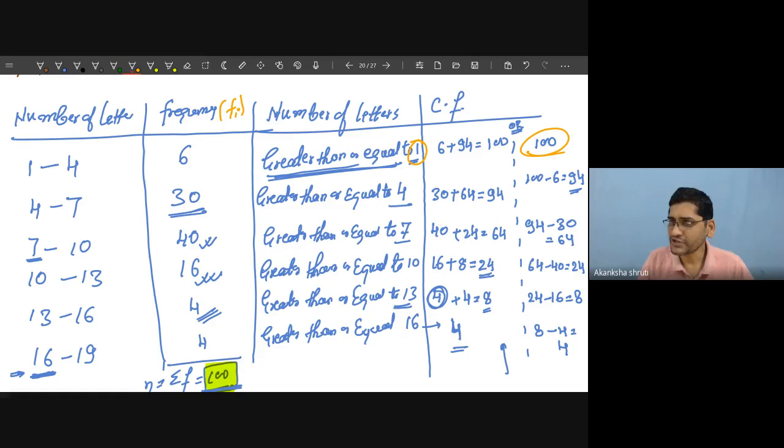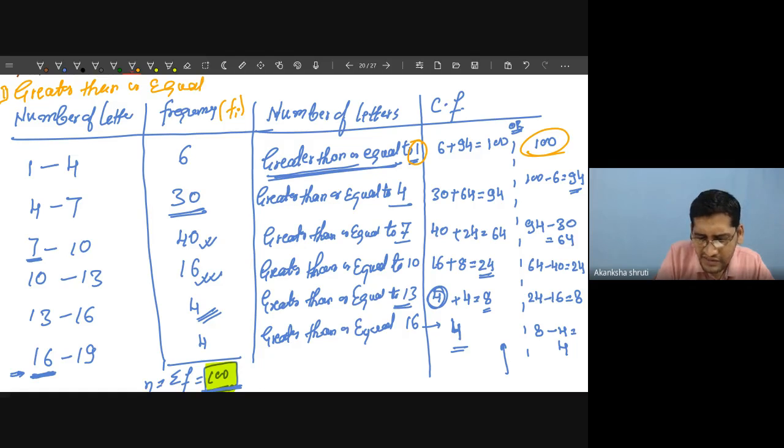But if it is asked for the median, then plot on the same curve. So this is our second one, the greater than or equal type curve.